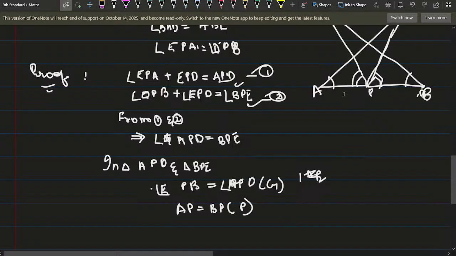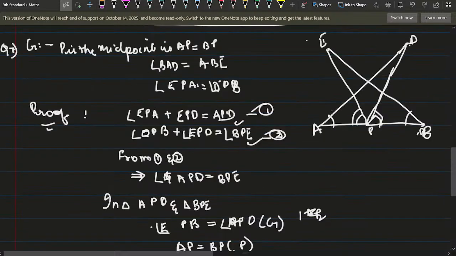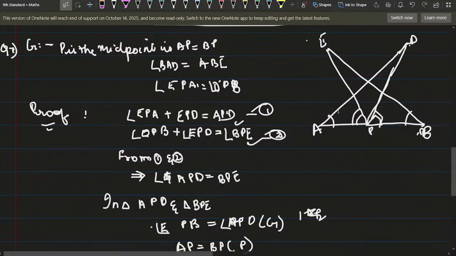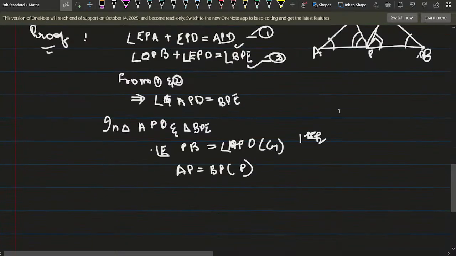How is AP equal to BP? Because P is the midpoint. Yes. Angle APD is equal to angle BPE.